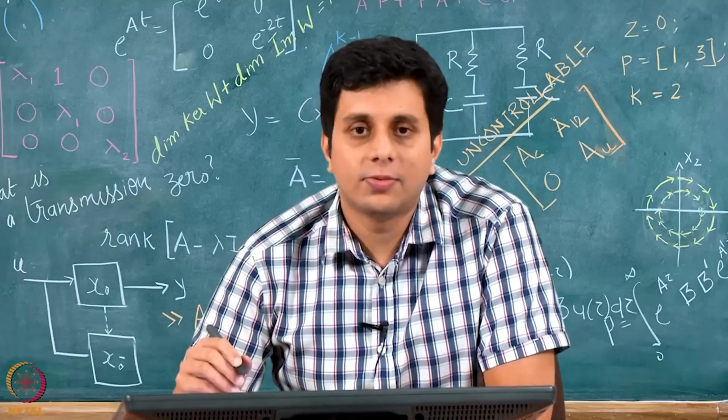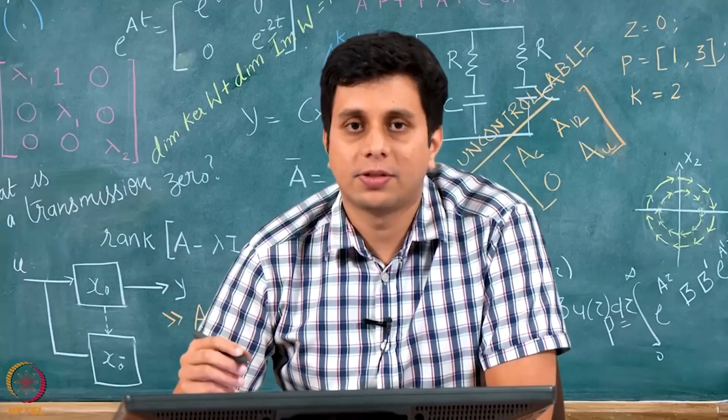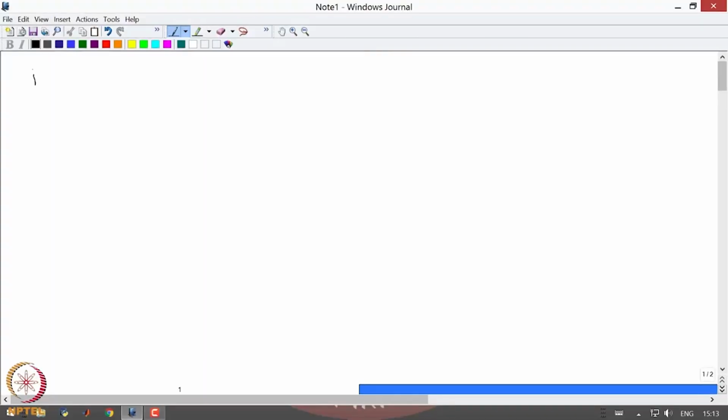So, the first problem is we will try to prove the triangle inequality which was discussed while introducing the norms. We will stick to only 2 norm for proving this, but it can be proven for any other norm as well.